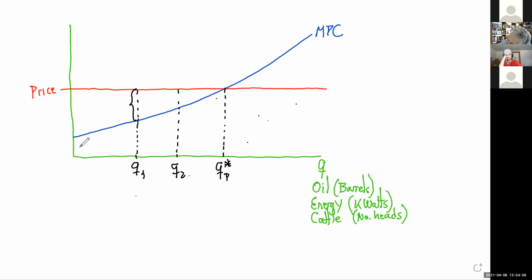So let's think that these costs are these particular costs here, and this would be the marginal external costs.